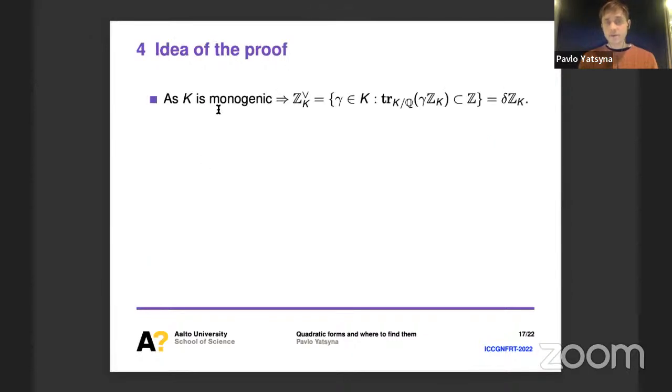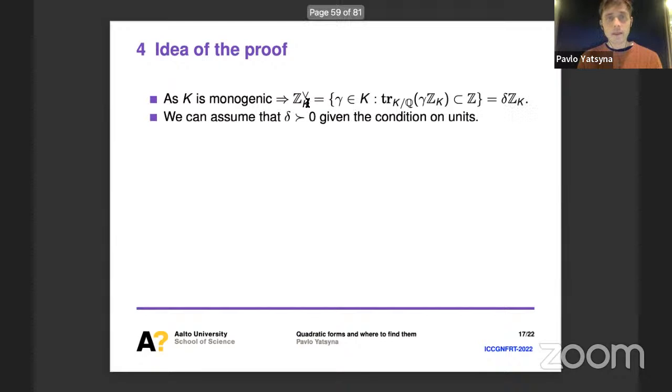So when we have a monogenic number field, it means that the dual of our ring, or the codifferent, is a principal ideal, right? By dual, I mean all the algebraic numbers such that their trace when multiplied by an algebraic integer is an integer. Now, given that we have units of every signature, we can assume this delta here is totally positive by multiplying by the correct unit.